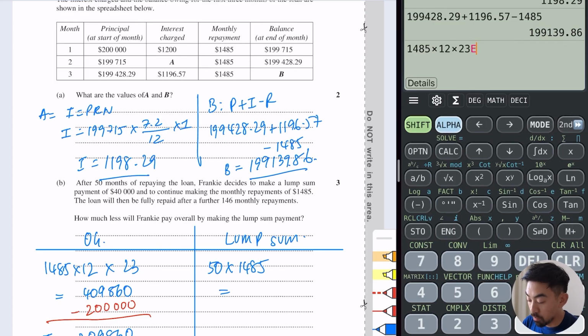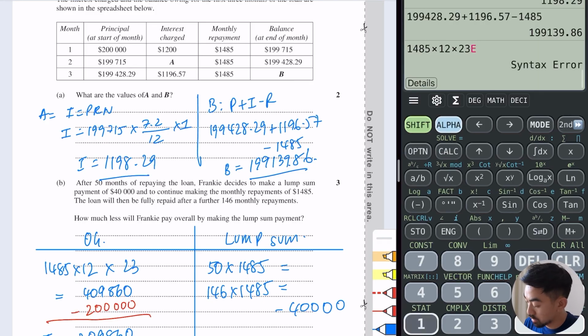Now the loan will be fully repaid after a further 146 months. So really, it's going to be this number plus 146 times 1485, and then we're going to minus the 40,000 here because she pays that as a lump sum.